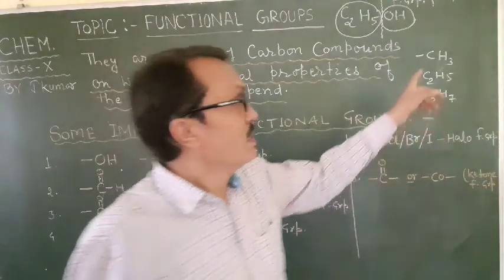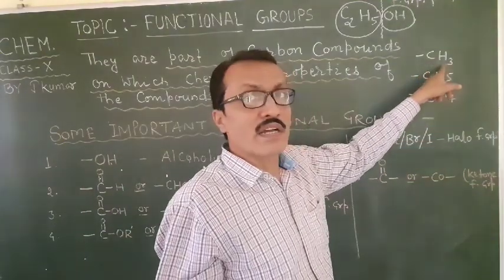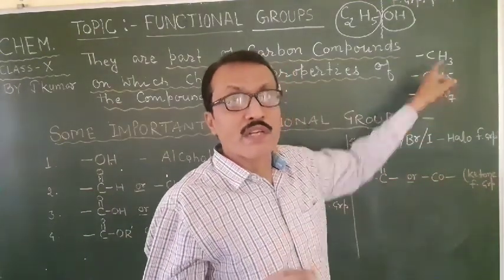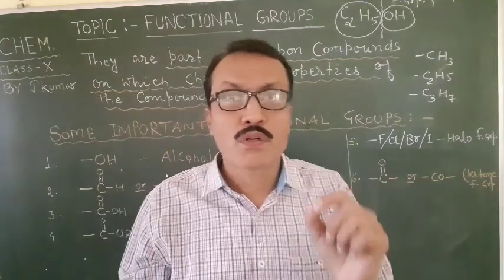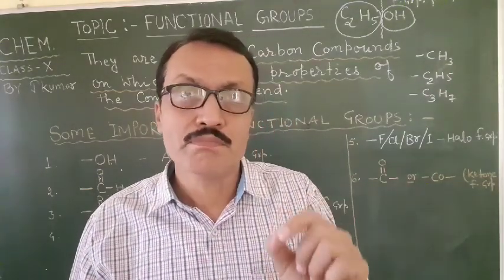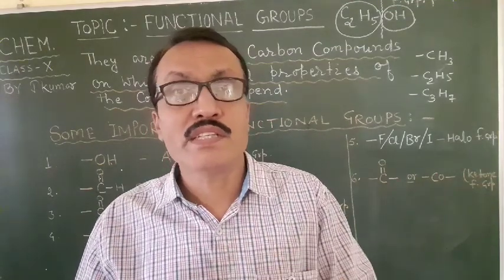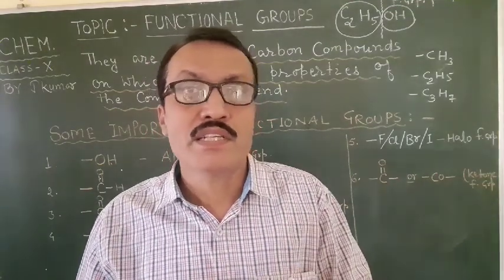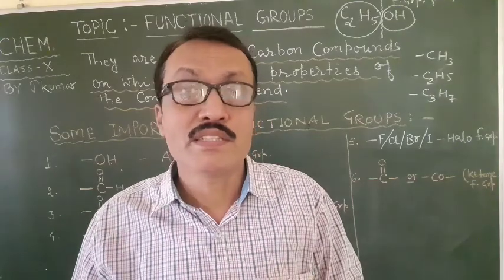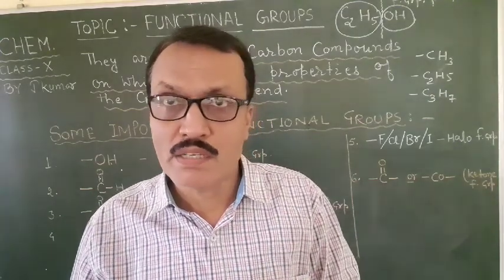For example, the CH3 alkyl group you can obtain when one hydrogen from the simplest alkane, methane, you remove. So you will get the CH3 group, and that CH3 group is read as methyl group.